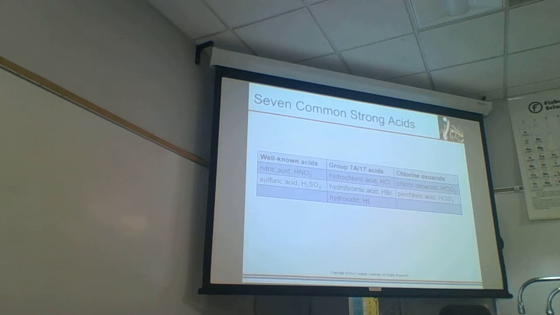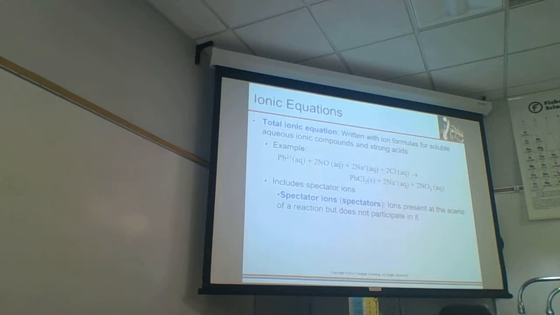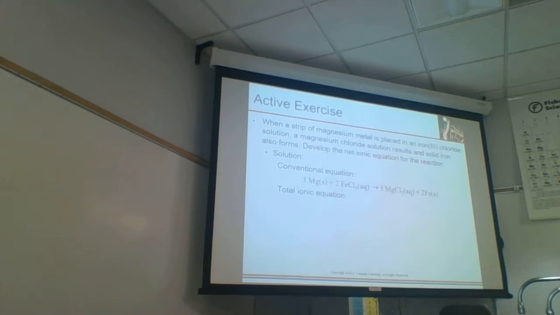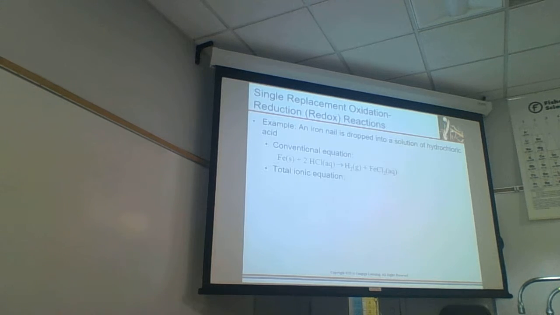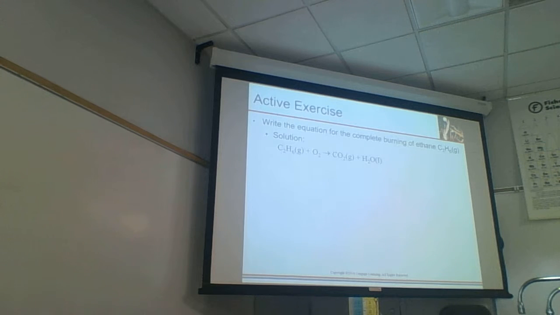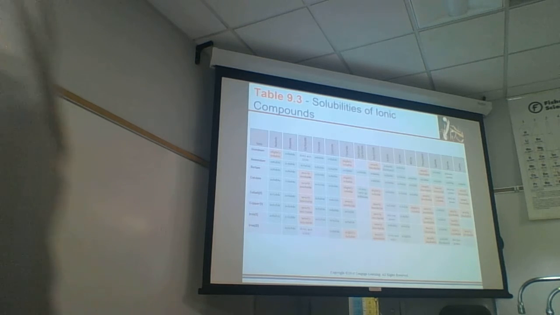Well, dissolving is called solubility, and that's way at the end of this chapter. So let me jump way to the end of this chapter. A long chapter. And so here we have solubilities of ionic compounds.